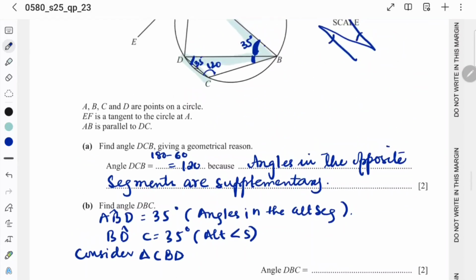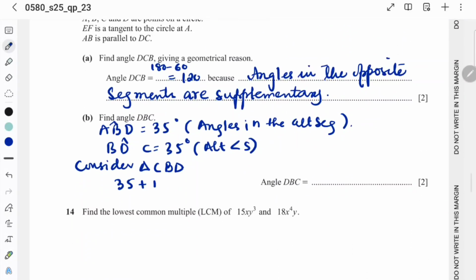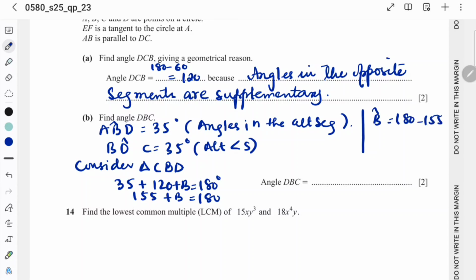So 35 and 120 and the required angle B add up to 180 degrees. 35 and 120 will become 155 plus angle B is equal to 180 degrees. So angle B is 180 minus 155, and then you will have the answer. Just subtract: 180 minus 150 is 30, so 180 minus 155 will be only 25 degrees.